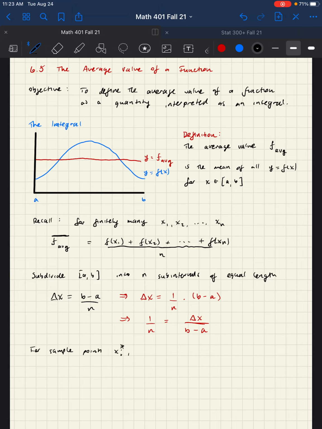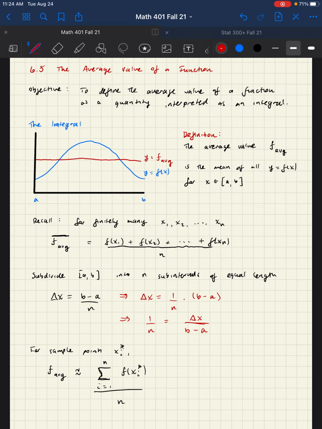For now, if we take sample points x sub i star, then we approximate the average value of f as the sum. I'm using the sigma notation now just to make it easier.